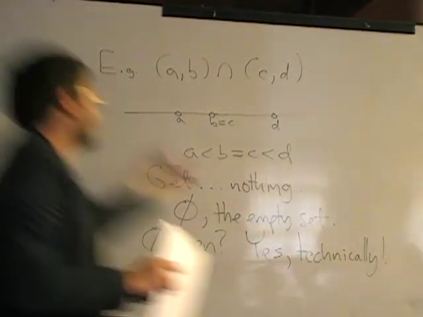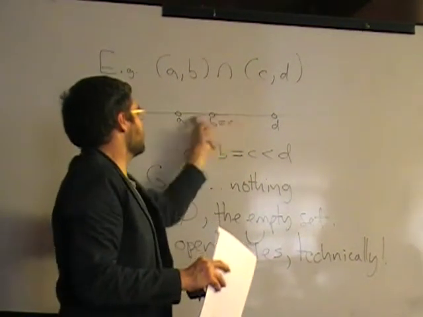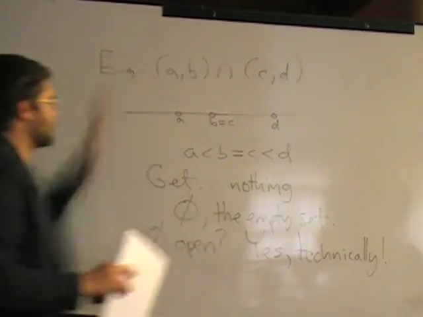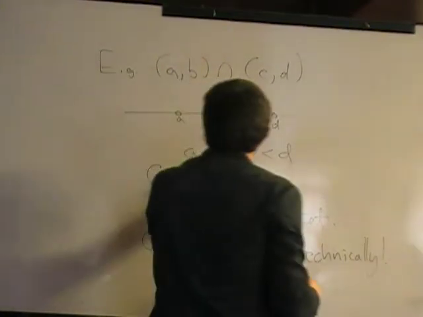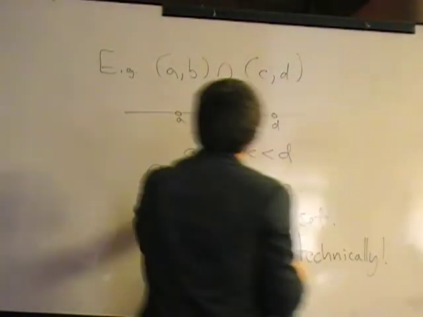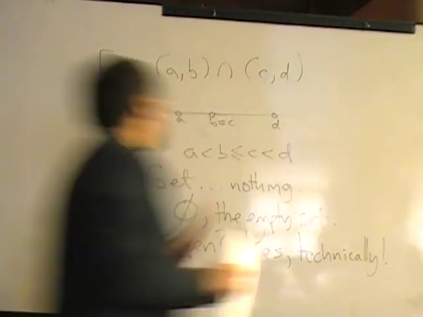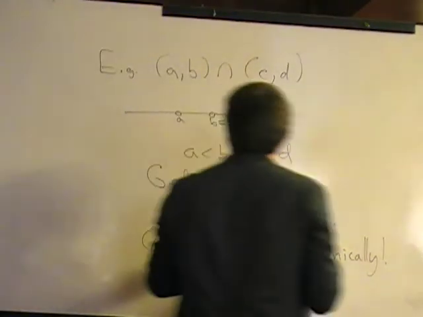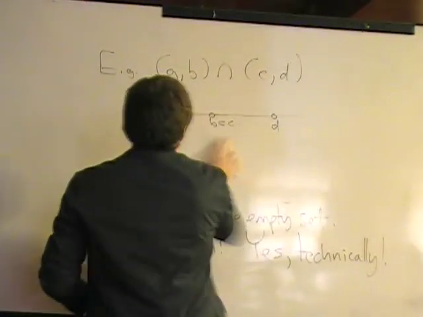No, in fact, even if B and C are equal, still there's nothing in both these intervals. So in fact what's true is that if B is less than or equal to C, you get the empty set, and it's open.